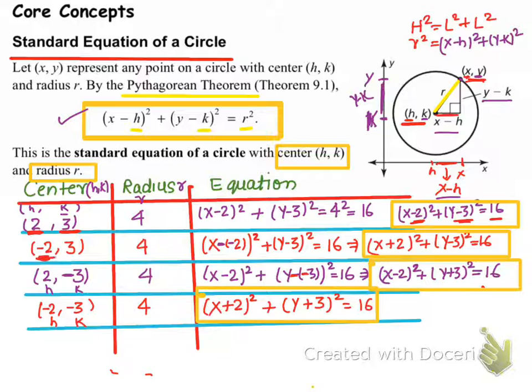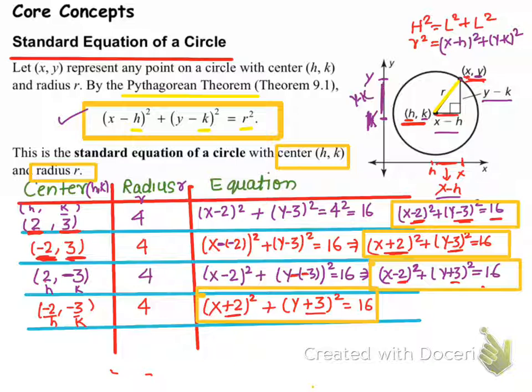If it is minus 2, here it is plus 2. So you have to use the opposite. If it is 2 and minus 3, it is minus 2 and plus 3 here. If it is minus 2 and minus 3, it is plus 2 and plus 3. So you can do vice versa and figure out the center and radius as well.